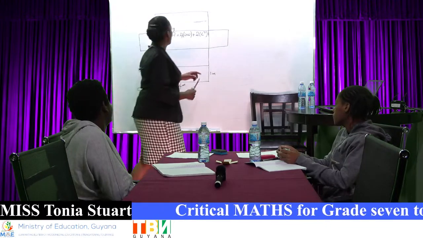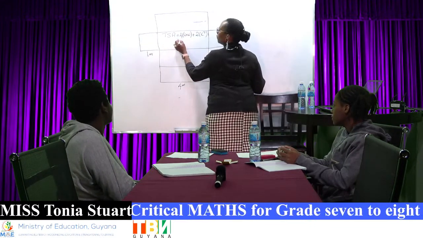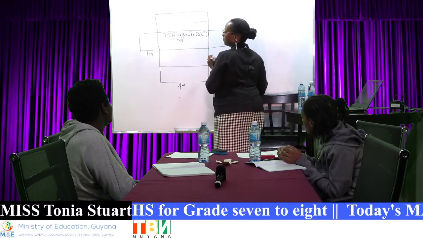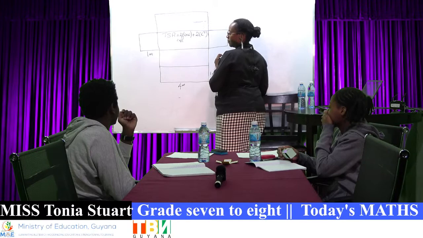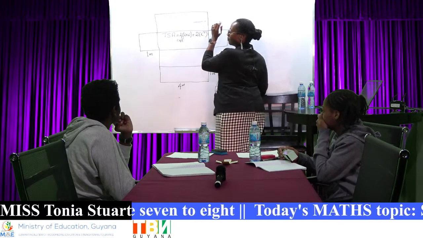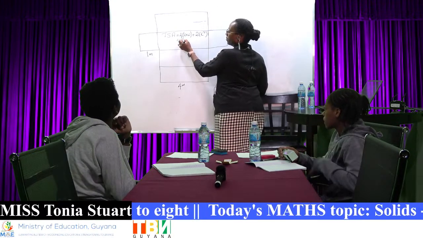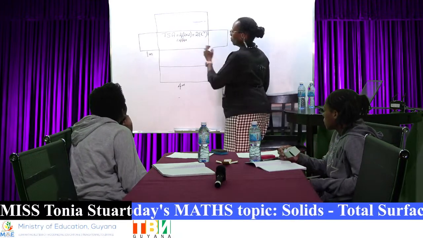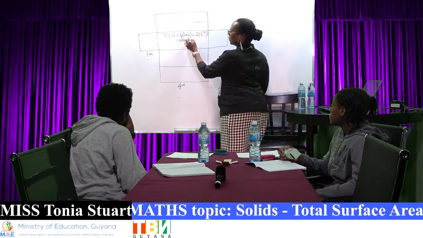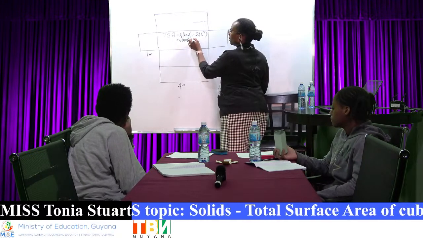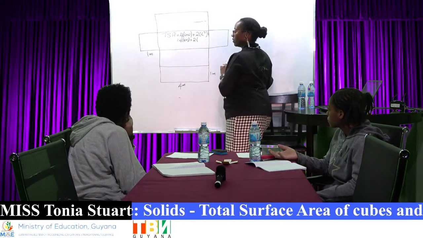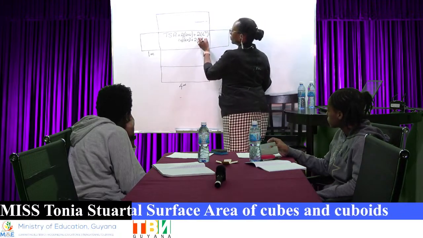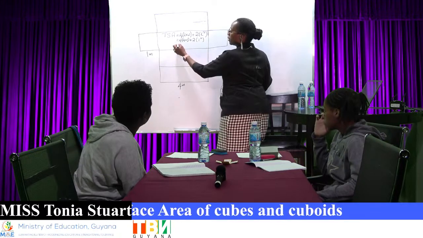So we need 4 length. What's the length given? 4. What's the width given? 1. By 2. What's the length for the square? 1. 1 by 1.